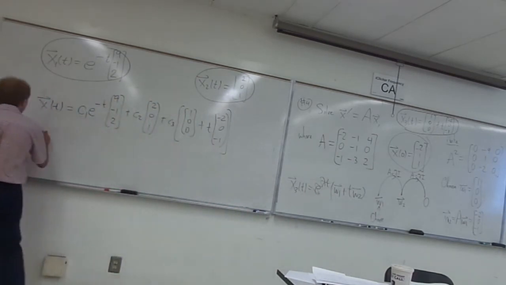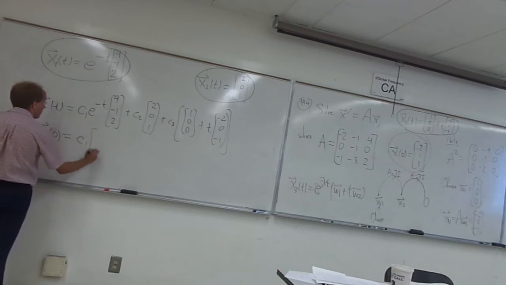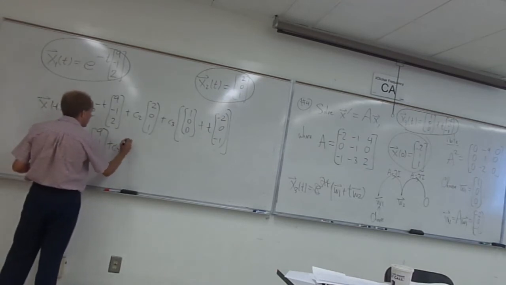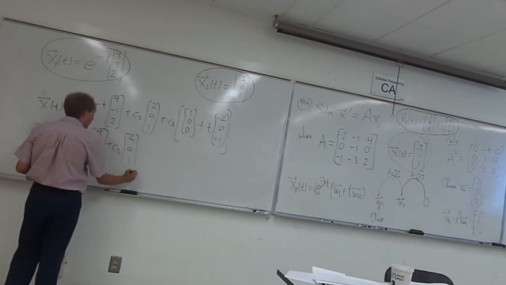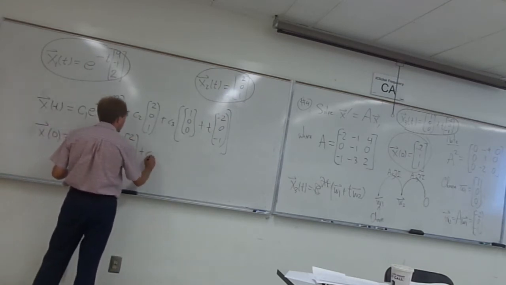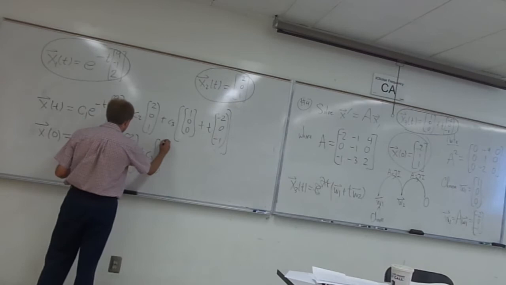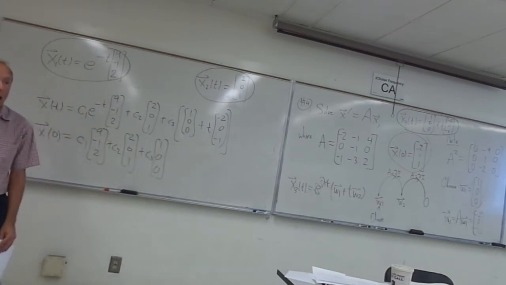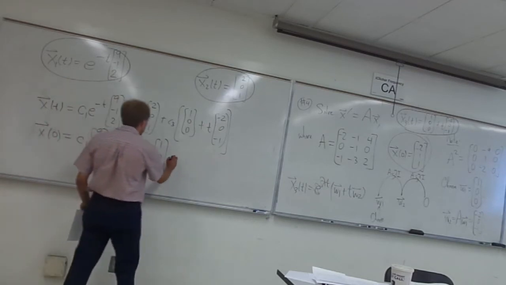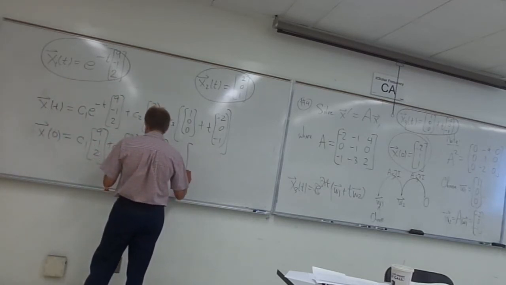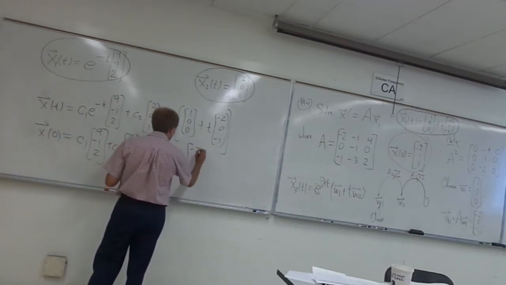So if I put in x of 0, I'm going to get C1 times 9, negative 1, 2, plus C2 times 2, 0, 1, plus C3 times 1, 0, 0. All of the t's are 0. Get that? And this should equal negative 2, 1, 1.